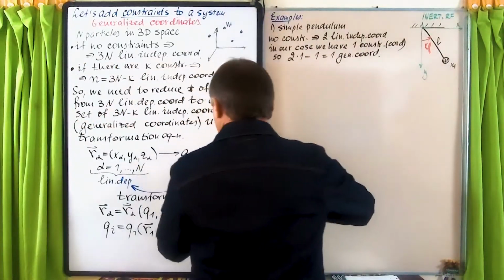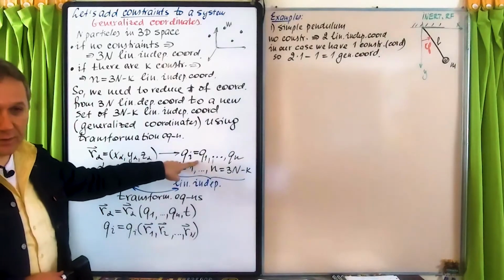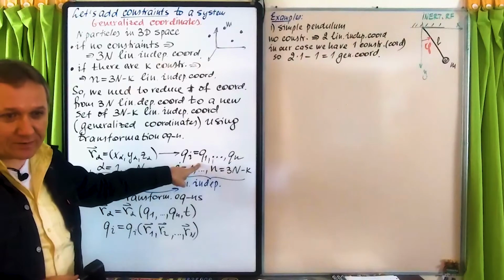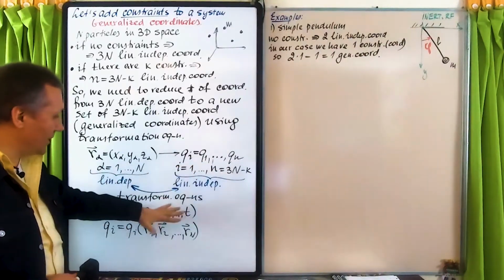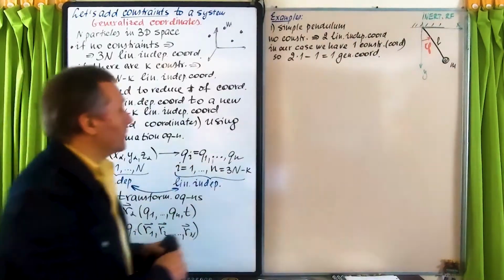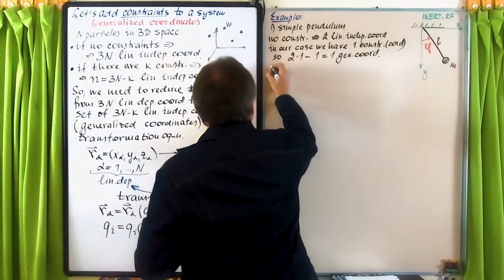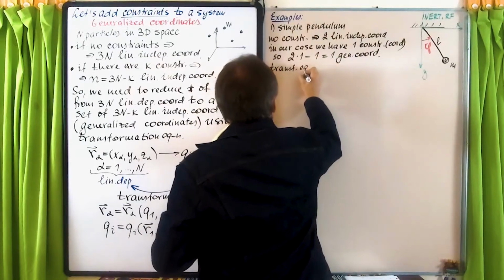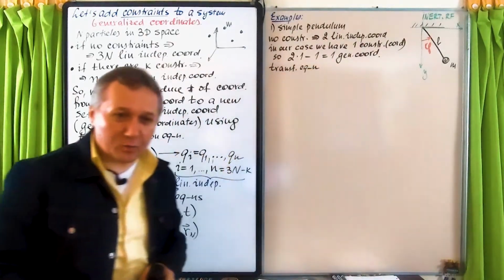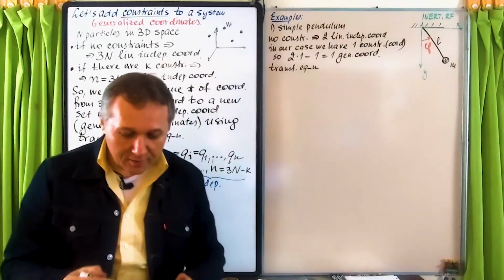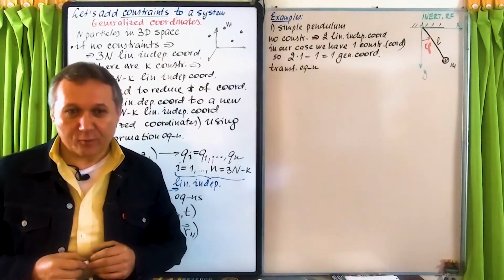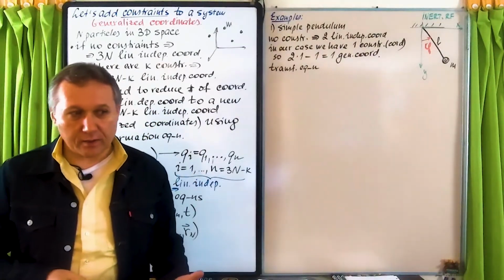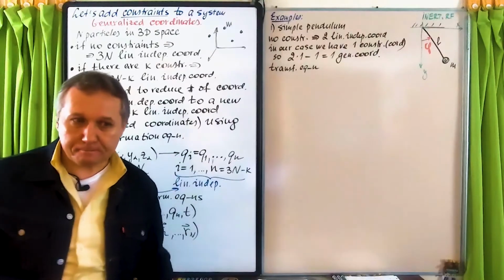So now transformation equations. We picked a new set of linearly independent coordinates, and now we just need to write down transformation equations. As I said, that's the only place where you are going to use your constraints, forces of constraints. After that, you can forget about them. After that, it's basically calculus.